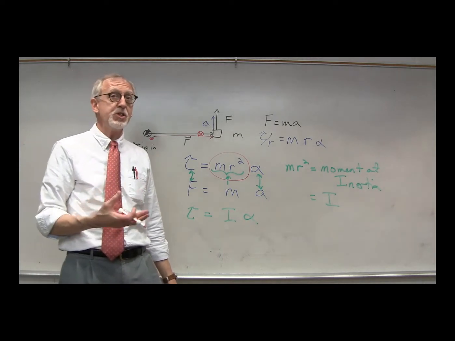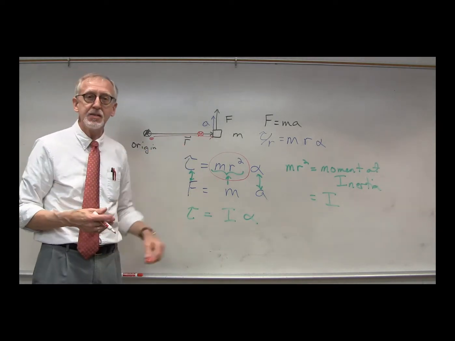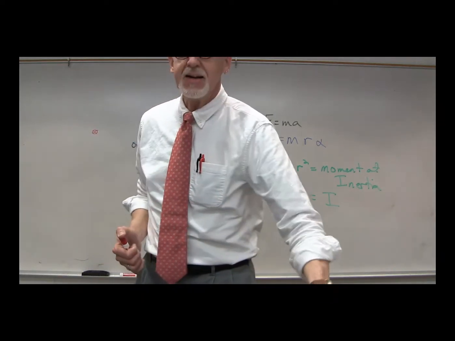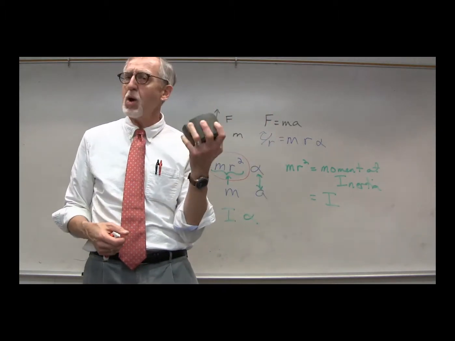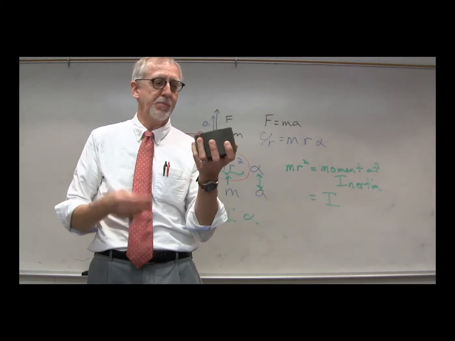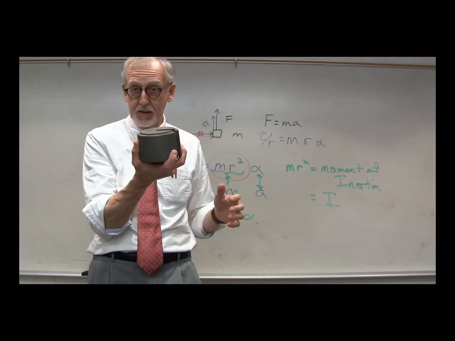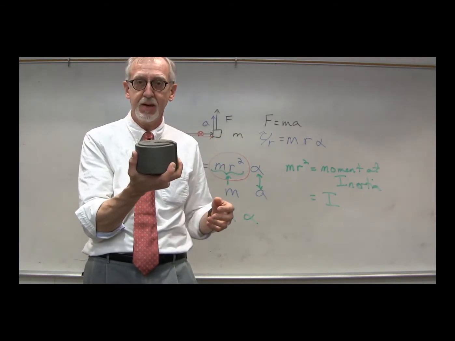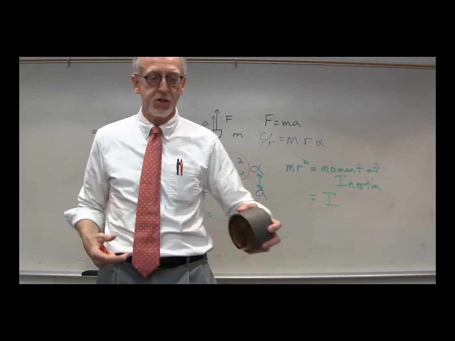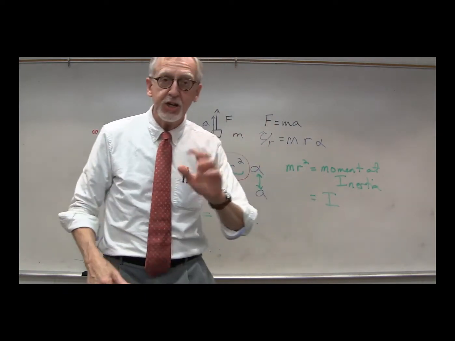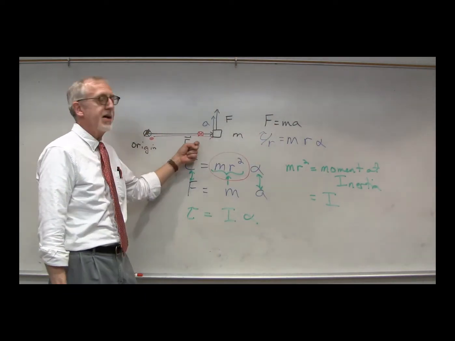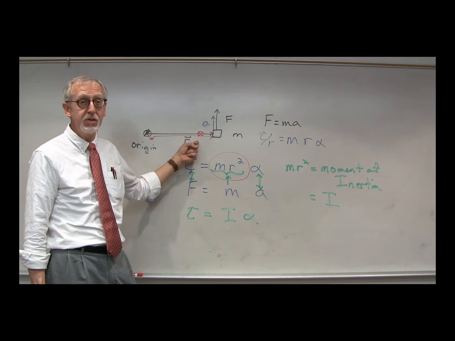So the moment of inertia of an object is not just a constant quantity like the mass of an object. It doesn't matter where we put the origin for the mass of an object. The mass of this is still 5 kilograms, which is what the mass happens to be. It doesn't matter where we choose the origin. But the moment of inertia of an object depends on how we are trying to rotate it.